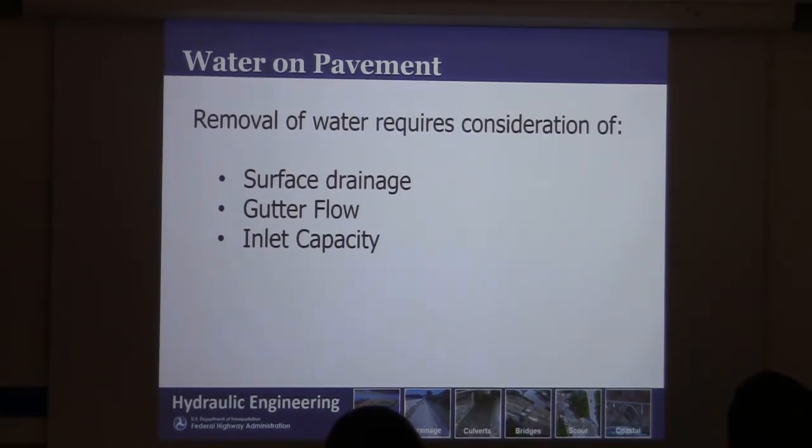We don't get into this too much, but when you're trying to figure out what your flow is, at least for the first one, you're probably going to use the rational method. And what you do is look at your travel lane. If it's just a 2-lane road, you usually have a crown in the middle of the road, and so each side is going down a cross slope of 2%.